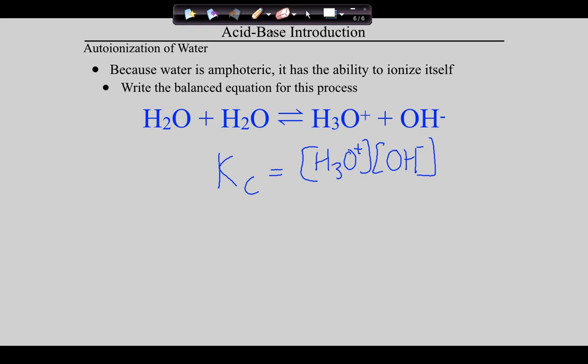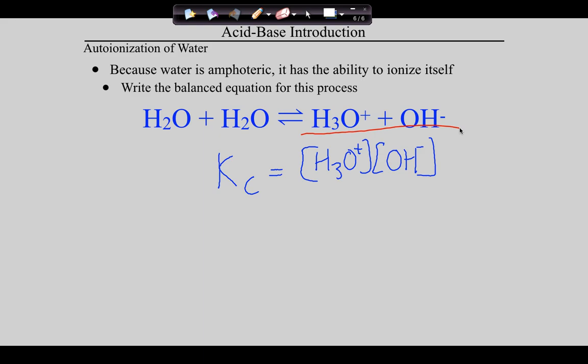Well, guess what? Chemists have done this. It's not hard. And it turns out that in distilled water, these concentrations are equal. And remember, we're talking about distilled water, right? We're talking about water ionizing itself. There's nothing else there. This is just a cup of distilled water. And in a cup of distilled water, some water molecules are reacting with other water molecules, and they are turning into this.